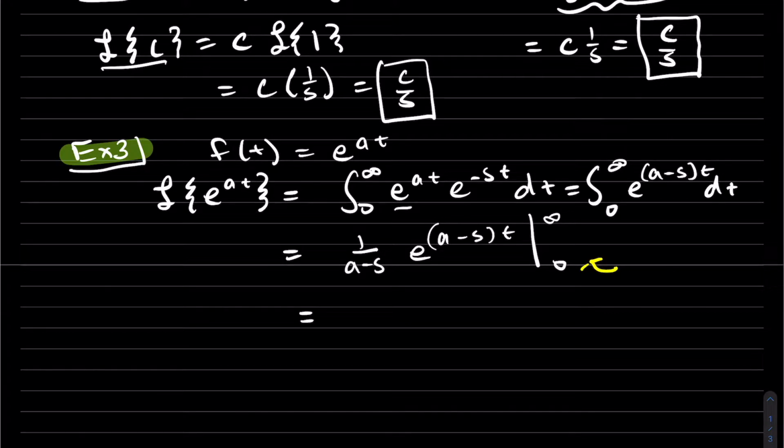So we're plugging infinity in for t, while s is being held constant. The e to the minus st term is going to go to 0 as long as s is greater than 0.